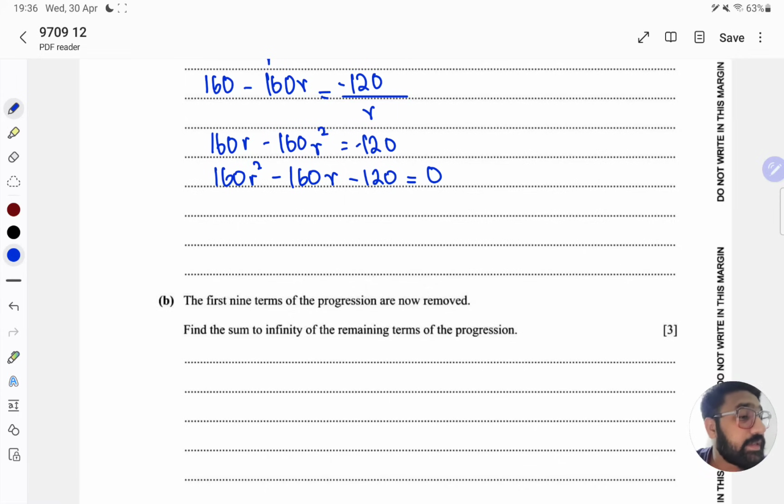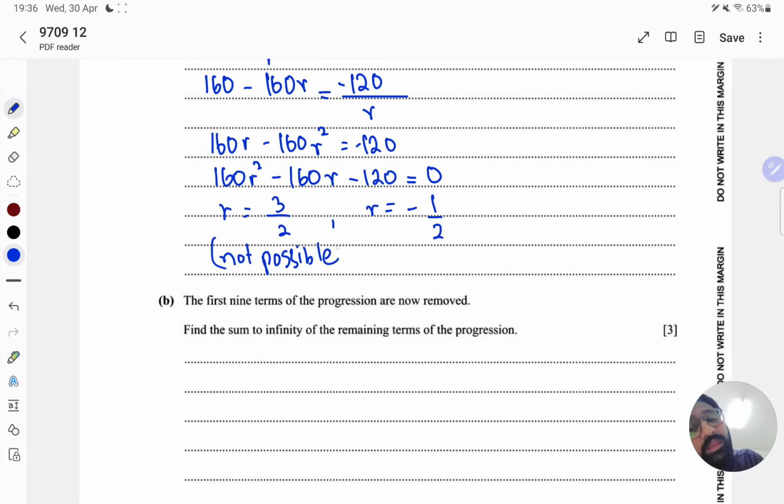The values of r are 3 by 2, and the other value of r is minus 1 by 2. The 3 by 2 is not possible because the value of r has to be between positive 1 and negative 1. So minus 1 by 2 is the only value of r that is possible for this question.